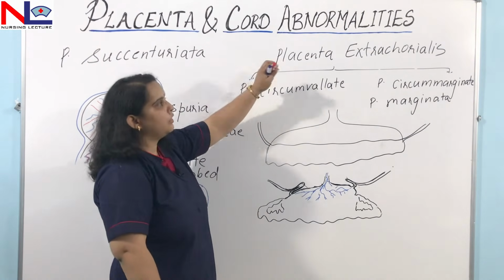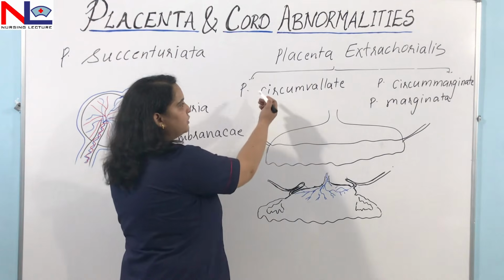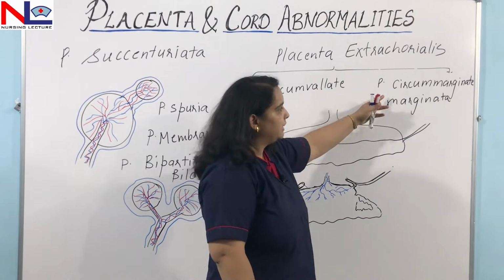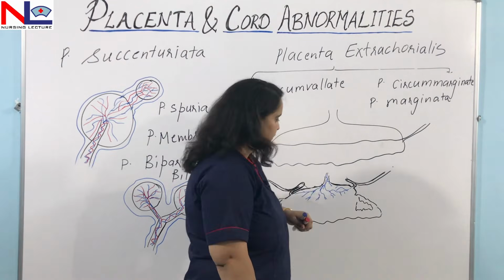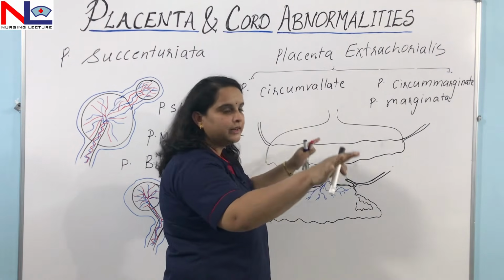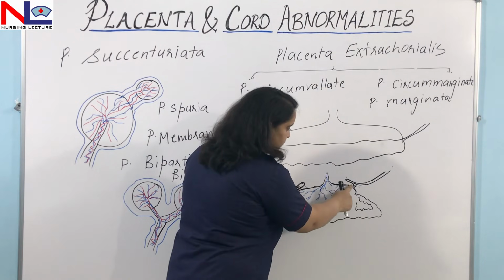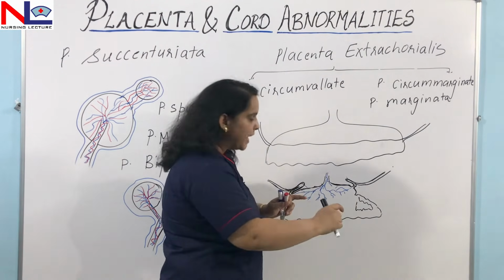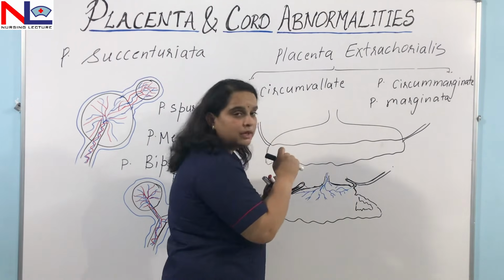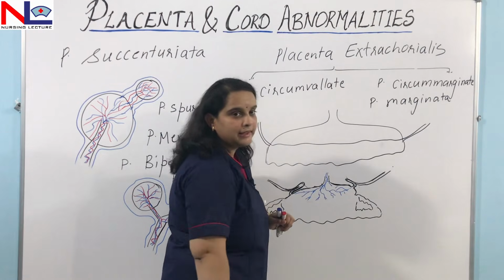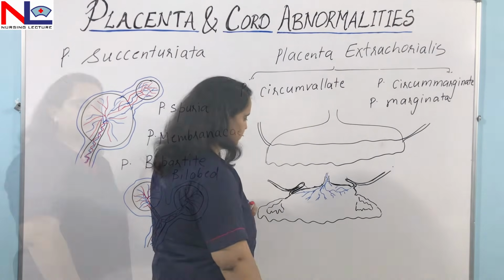So this is called extrachorialis, in which we have seen the circumvallate placenta and the marginata. In marginata, the membranes run smoothly, but they insert from the central part, and in circumvallate the membrane becomes rolled back and forms a double layer over one another.